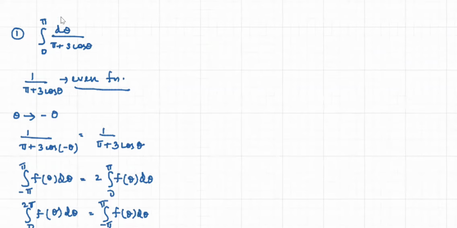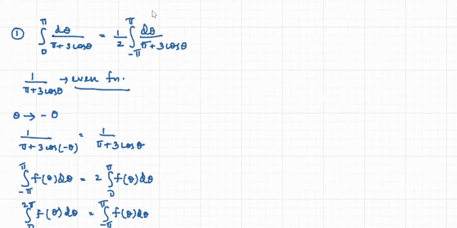So I can rewrite this as 1 by 2 times integral from minus pi to pi d theta by pi plus 3 cos theta.